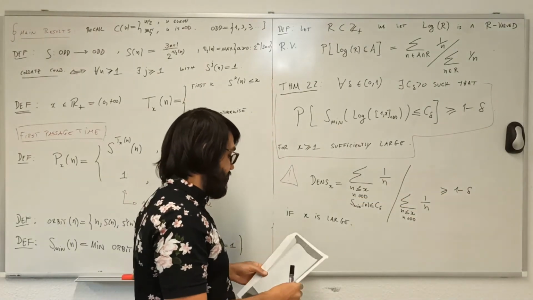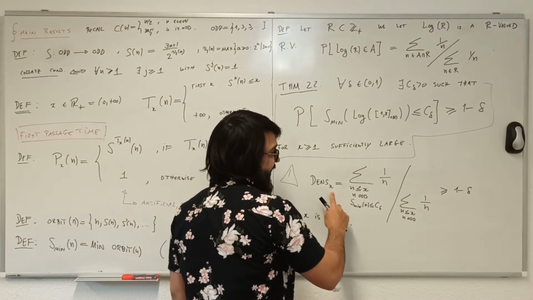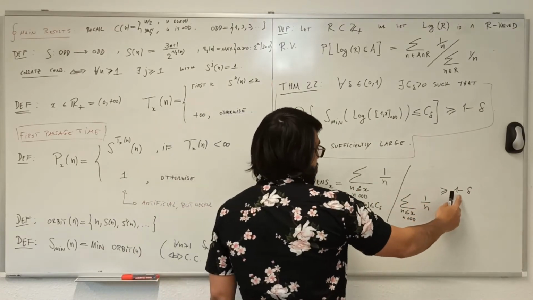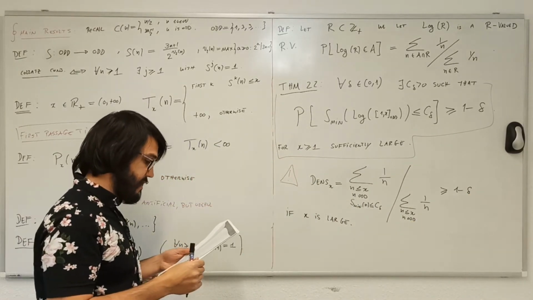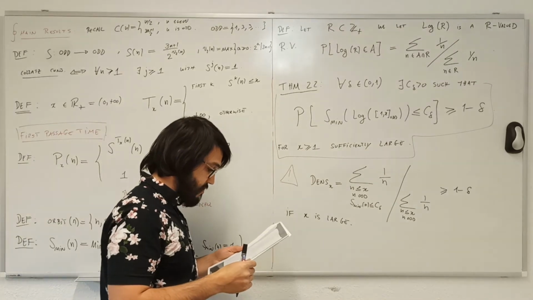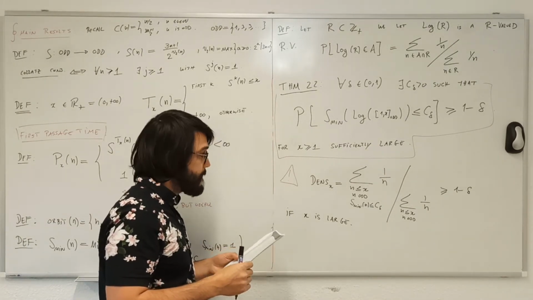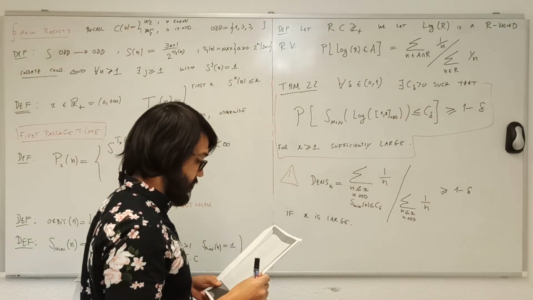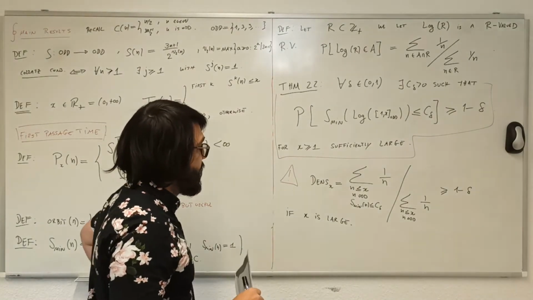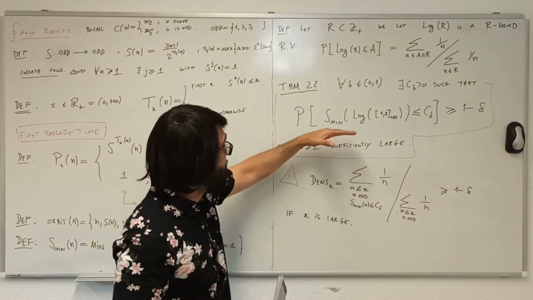So in particular, he's showing that the limit inf of this density in x is greater or equal than 1 minus delta. So that's what it's showing. That's the exact statement here.